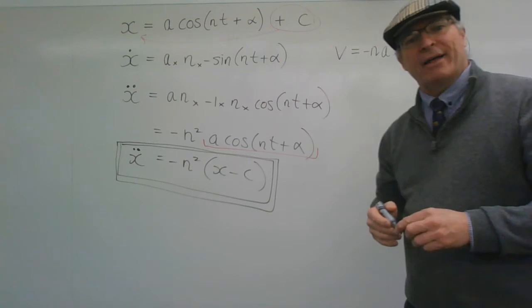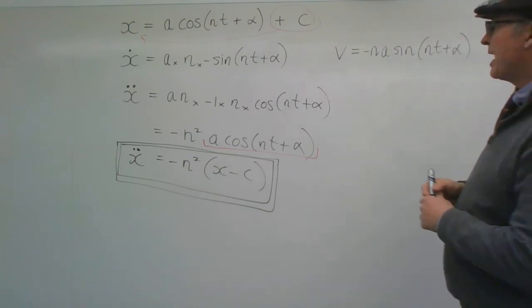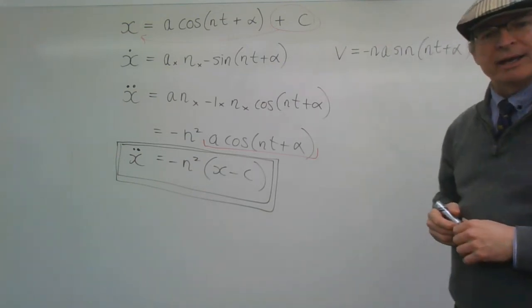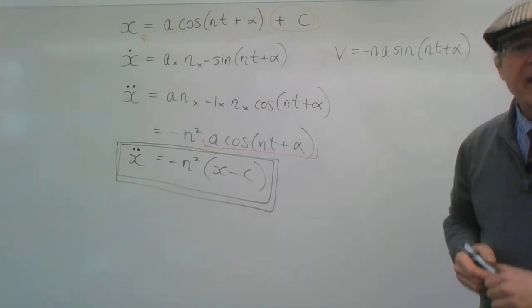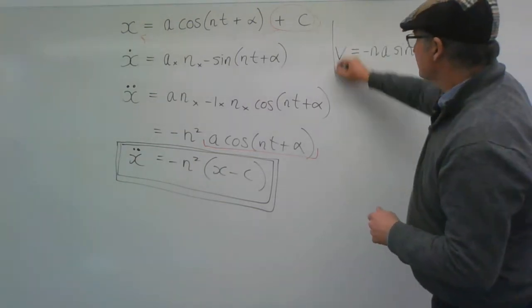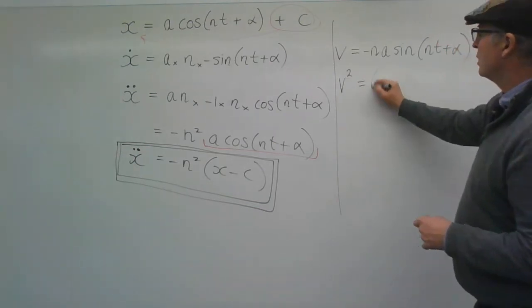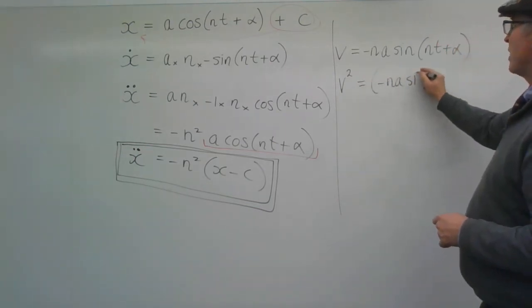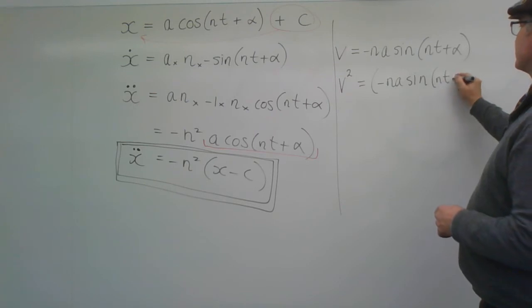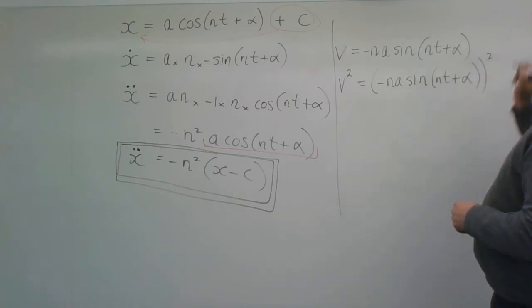That's what we've worked out that the velocity is. Now, what if I was to decide to square that? The velocity squared is equal to minus na sine of nt plus alpha, squared.